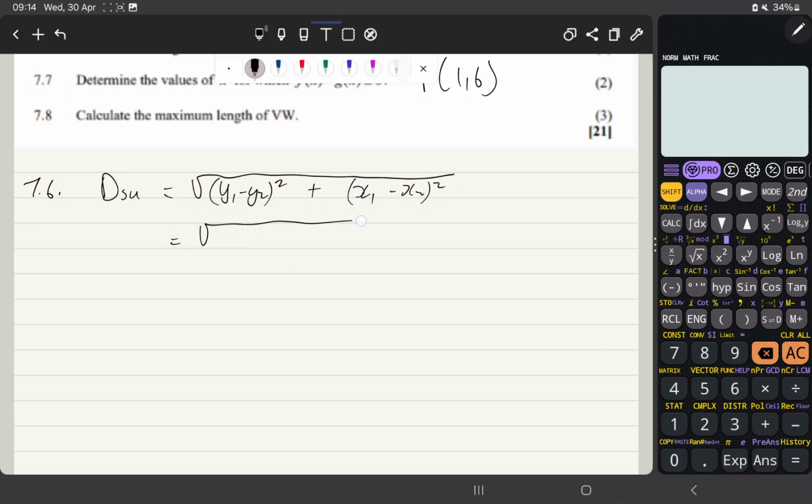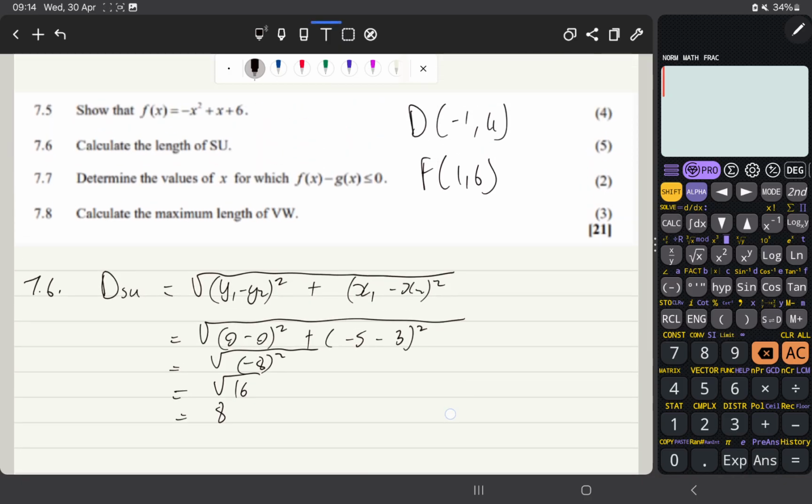Here I'm going to have 0 minus 0, because both y values are 0, and then minus 5 minus 3, squared. So that's the square root of minus 8 squared, which is the square root of 64, which is 8. So we're done. Distance is 8.